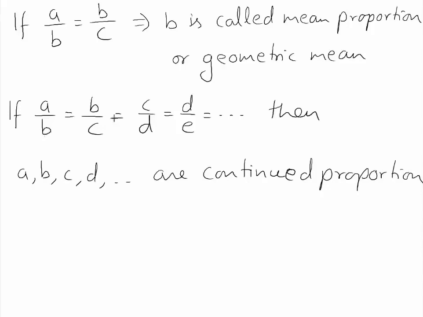Because B continues from here to here, C continues from here to here, and D the same way. So this is called continued proportion.